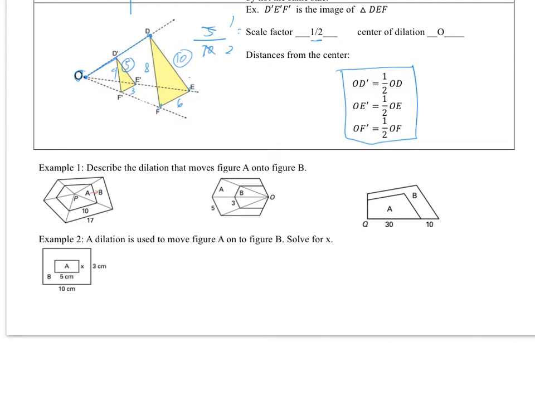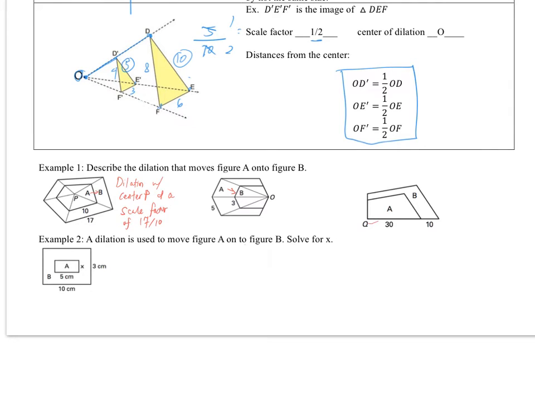So we can first write that this is a dilation with center P and a scale factor of 17 to 10.